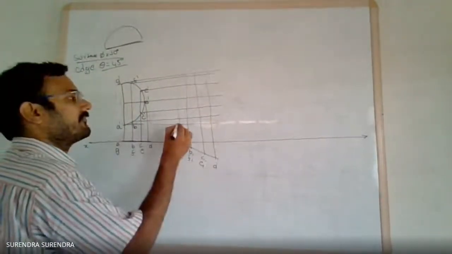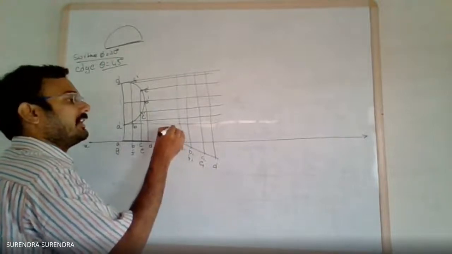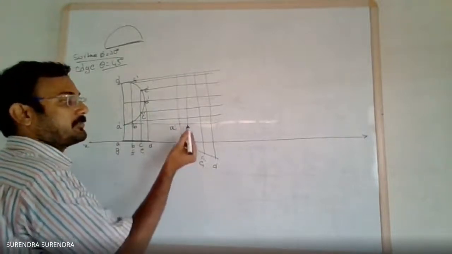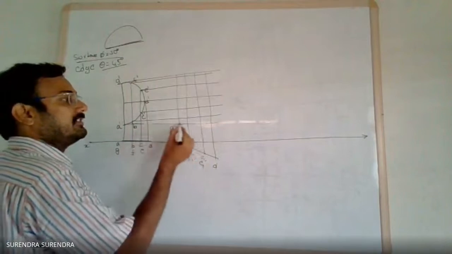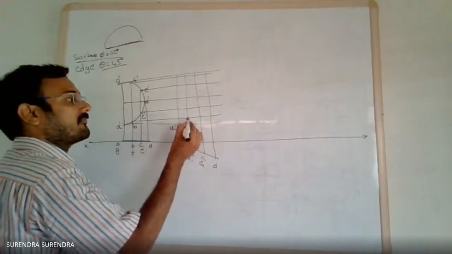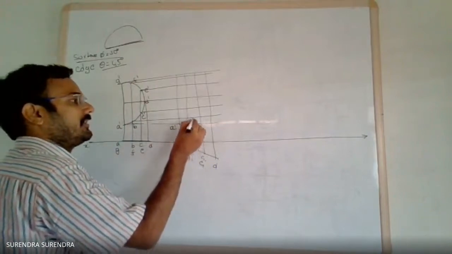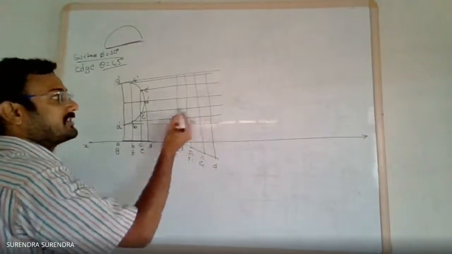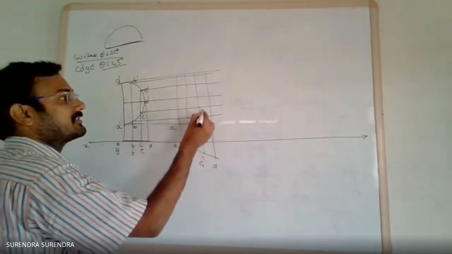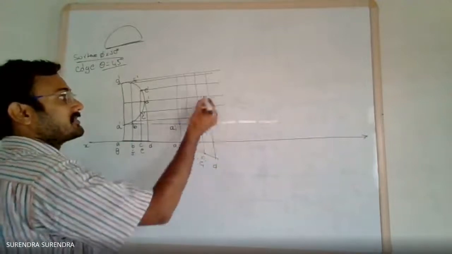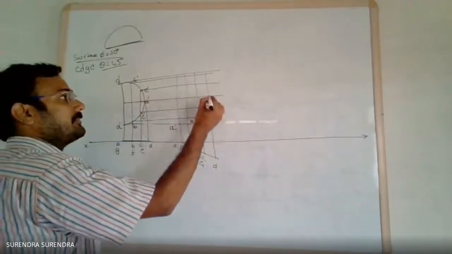Mark the respective intersection points. First A1 dash. Next, projection from B1 and locus from B dash gives B1 dash. Projection from C1 and C dash gives C1 dash. Projection from D1 and locus from D dash gives D1 dash.